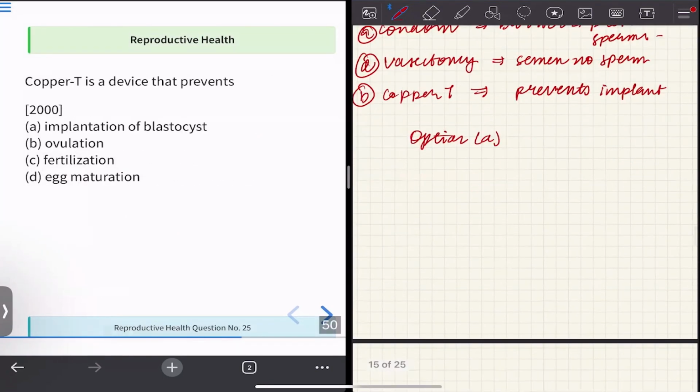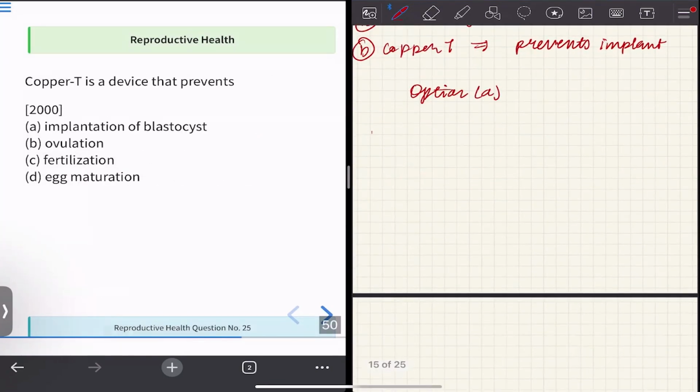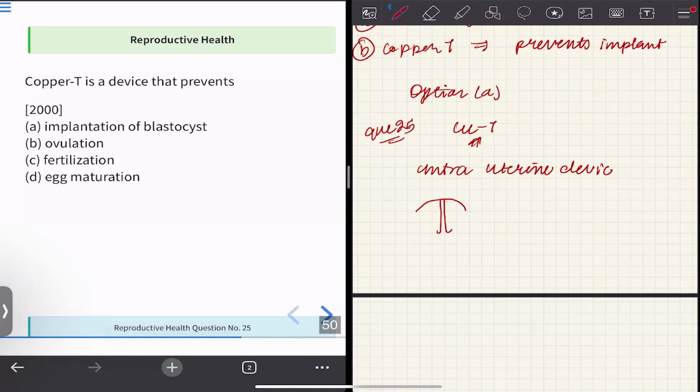Next, copper T is a device. What is copper T? Intrauterine device. It is sort of like this. Okay. So it is like this, and it releases copper ions. What is the function of these copper ions?